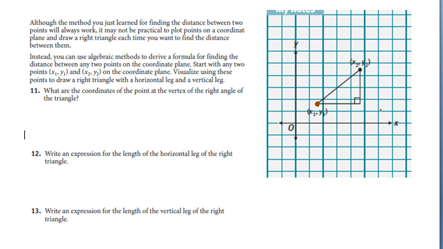Now I'm also randomly choosing some other location and putting a dot there and using the variables x2 and y2 to be its coordinates. Now visualize using these points to draw a right triangle. So exactly the same technique that we did on our example previously.